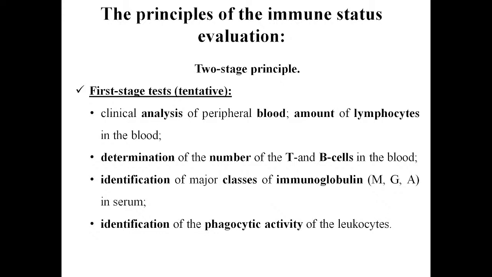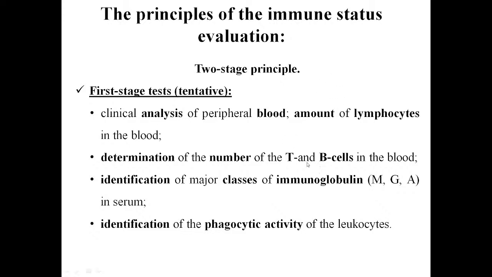Then we should determine number of T and B cells in the blood of the patient. Then we should identify major classes of immunoglobulins, IgM, IgG or IgA in serum, and identify phagocytic activity of the leukocytes.